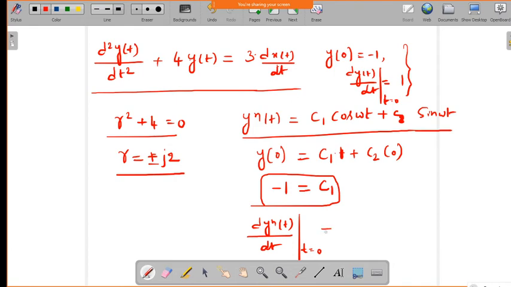So now what is the differentiation for this? So differentiation you do. So C1 into, what is the differentiation for cos? It is minus sin omega t, plus C2 into cos omega t.